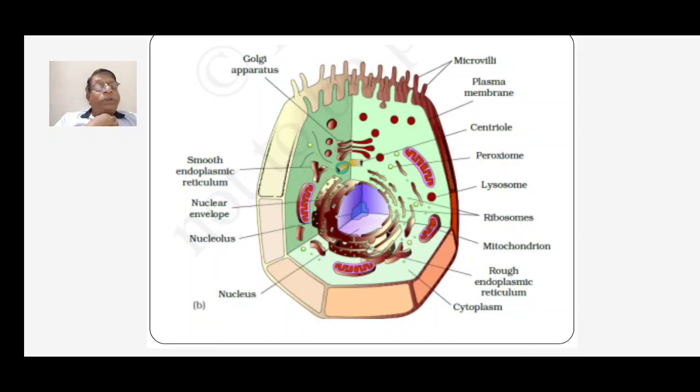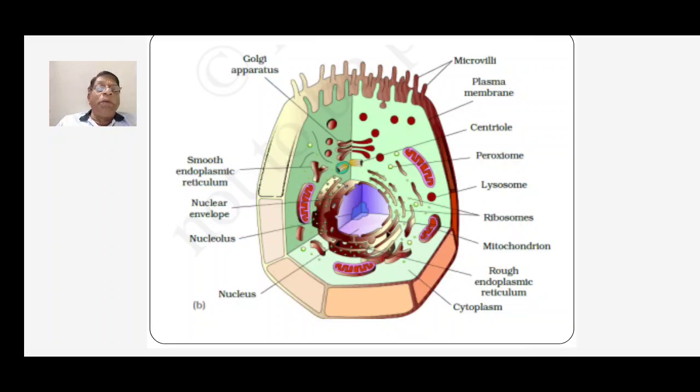It is absent in the animal cell. The most important difference: the cell wall is present in the plant cell and absent in the animal cell.